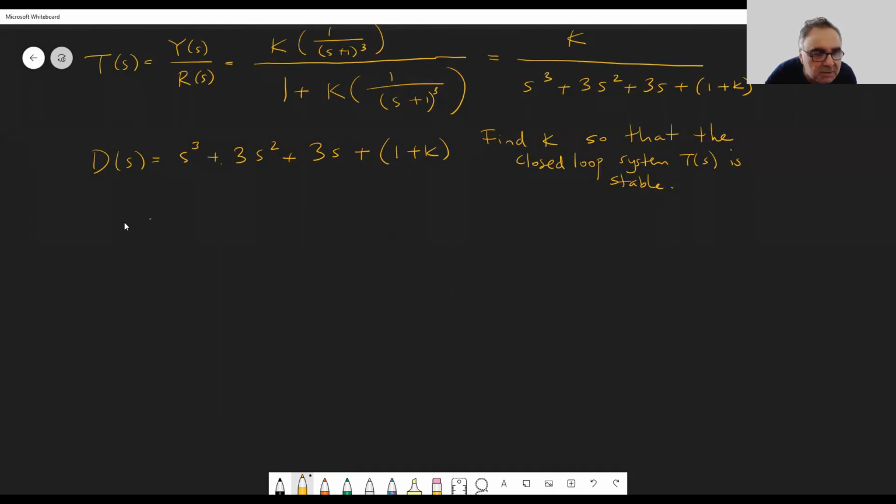Let's form the Routh array. s cubed is 1 and 3. s squared is 3 and 1 plus k. s to the 1 is 9 minus 1 plus k, which is 8 minus k over 3, and 0. s to the 0 is 1 plus k.